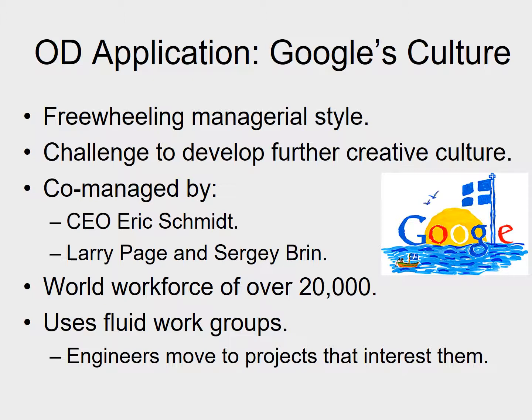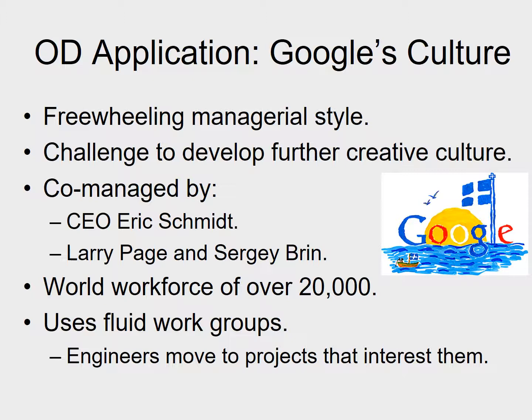And they're challenged to further develop a creative culture, co-managed by a group of people. So we have multiple people actually involved even in the top level of decision, and it's created a very innovative culture in a worldwide workforce of over 20,000 people.